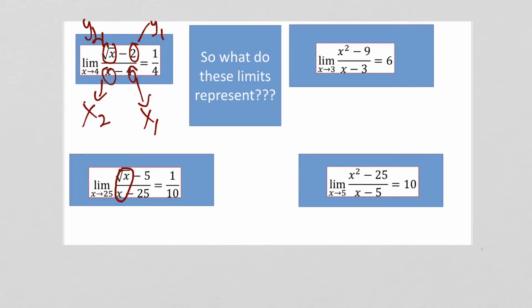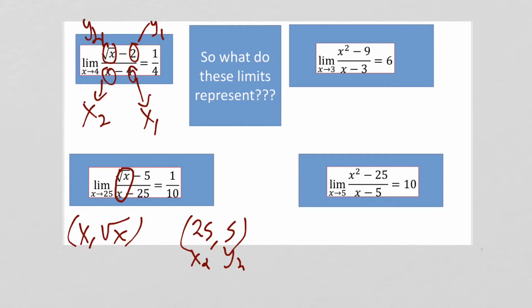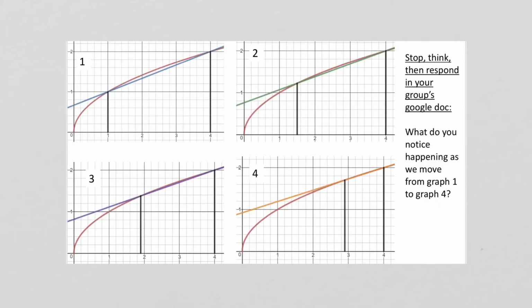Okay, so we have x comma square root x and another point at, in this case, 25 comma 5, right? So then we could call this x2 and y2. We could call this x1 and y1. And what's happening is x1, y1 is getting really close to x2, y2.